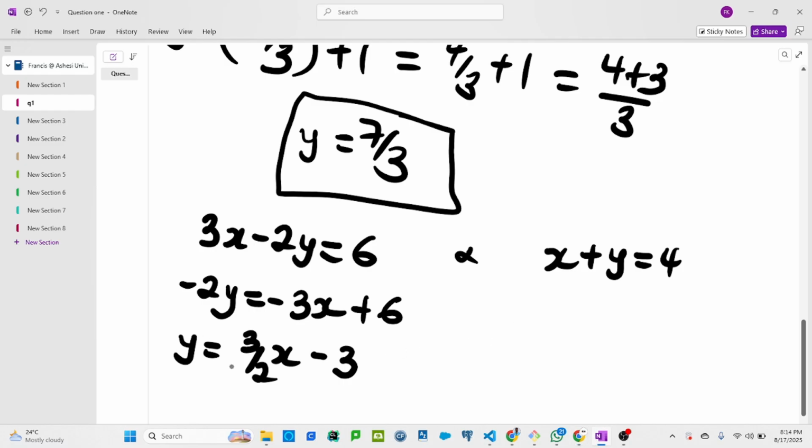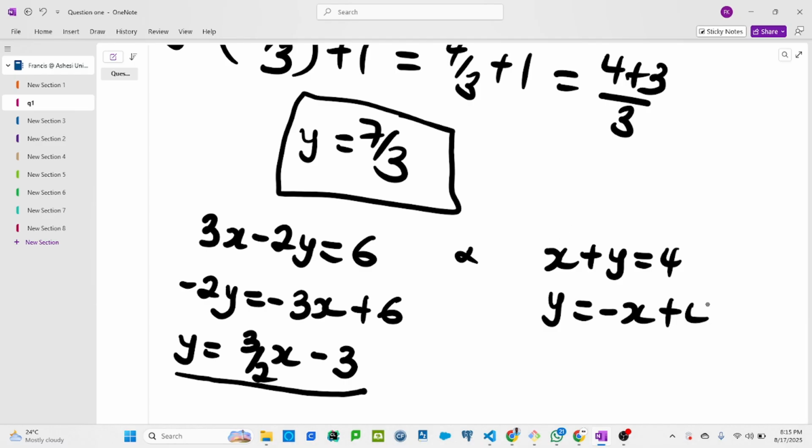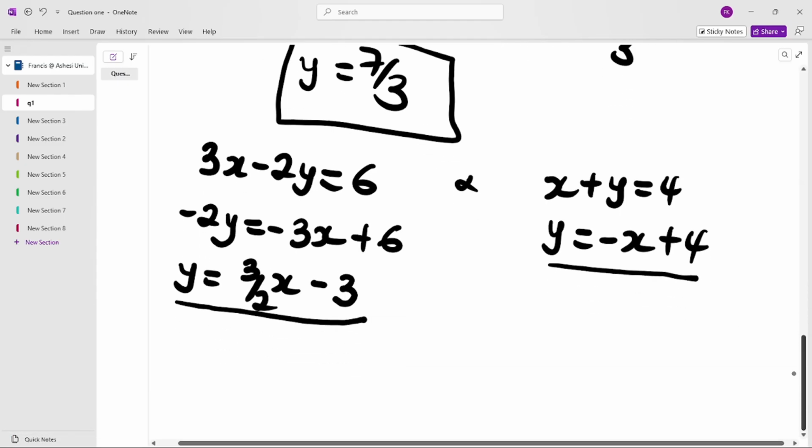So I got it in this form here, y is equal to mx plus c. Let me do the same for this one. I'll have y equals, I'll send the x to the other side, becoming negative x plus 4. So this is also in the form y is equal to mx plus c. When you are done with that, because you are looking for the point of intersection, what you do is that you now equate the expressions together.